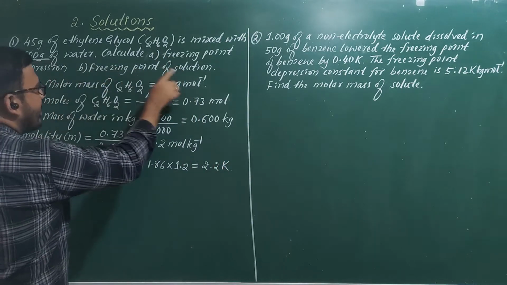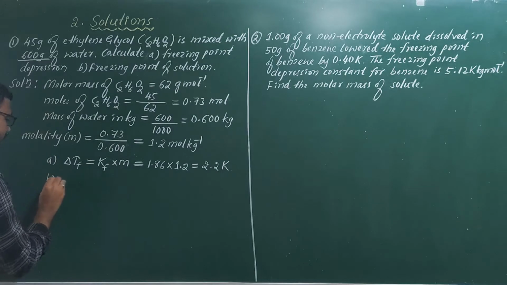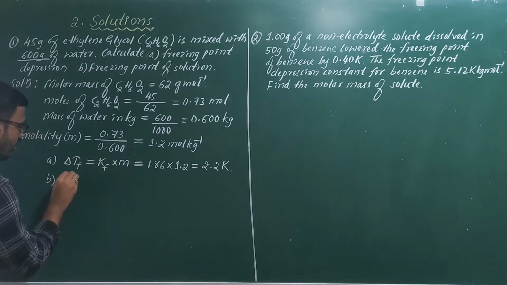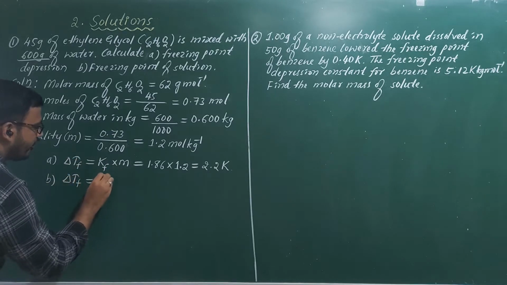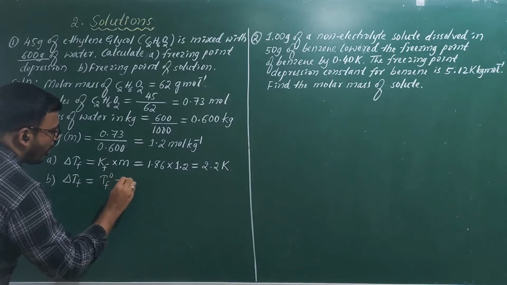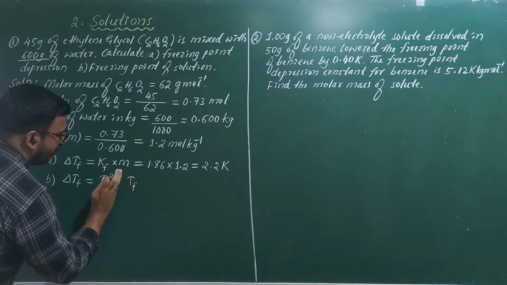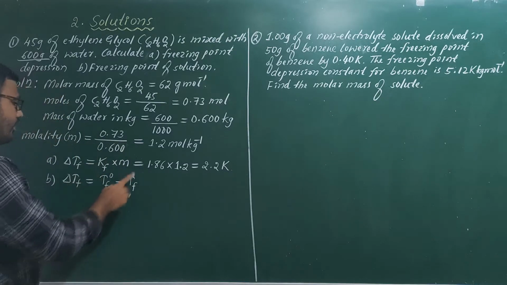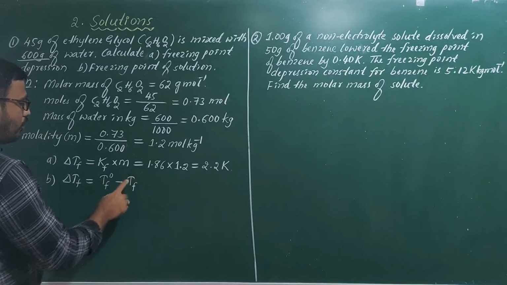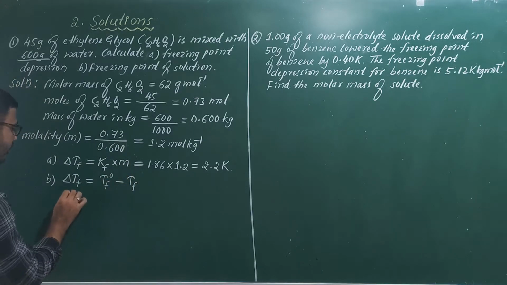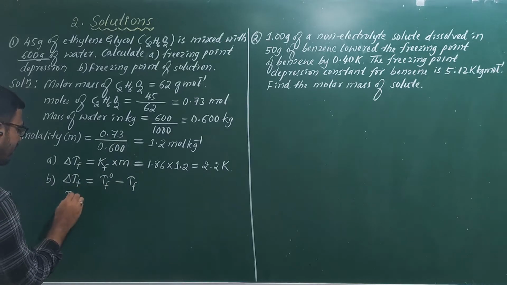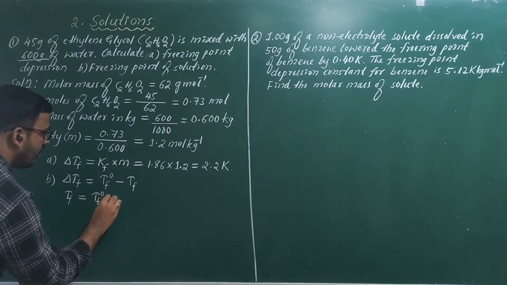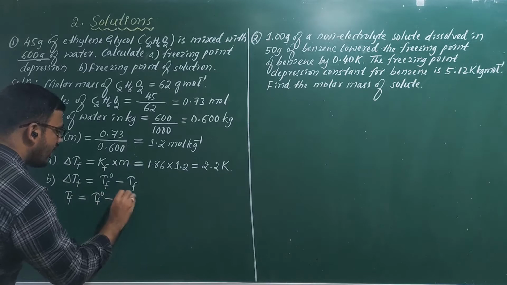Next, coming to B, freezing point of solution. See here, delta Tf is equal to Tf naught minus Tf. But I want Tf now, the freezing point of solution. So you bring Tf to this side: Tf is equal to Tf naught minus delta Tf.